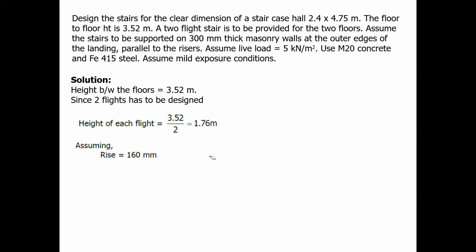Height of each flight by rise. Yes, Isha? Height of each flight by rise. Right, good. So number of risers is equal to height of each flight divided by height of the riser. Which is nothing but, for each flight, 1.76 divided by 0.16. So you'll get 11 numbers. Take down.